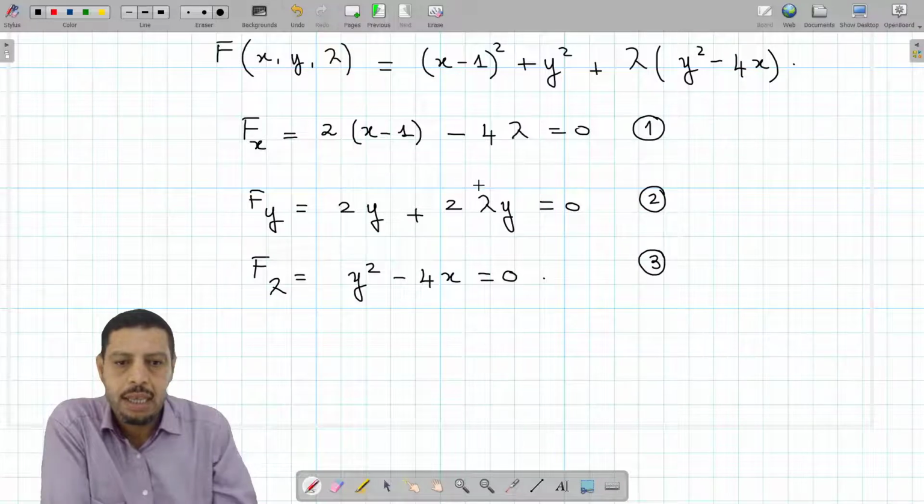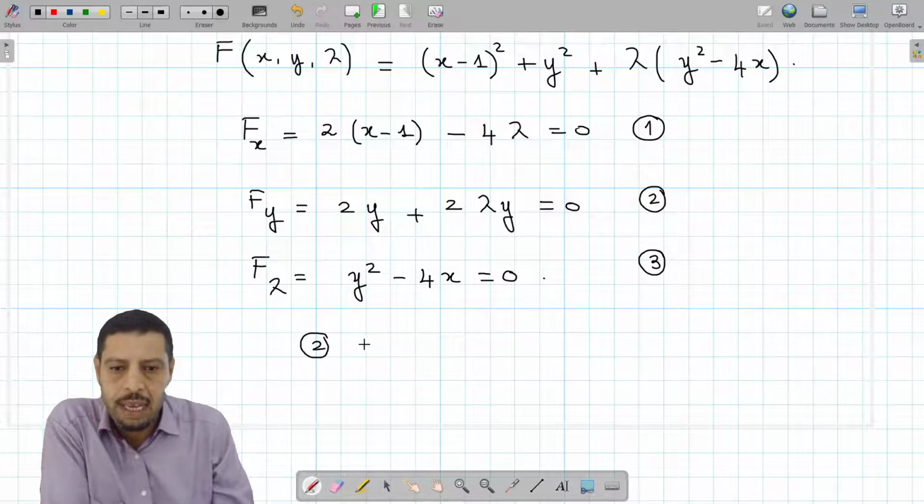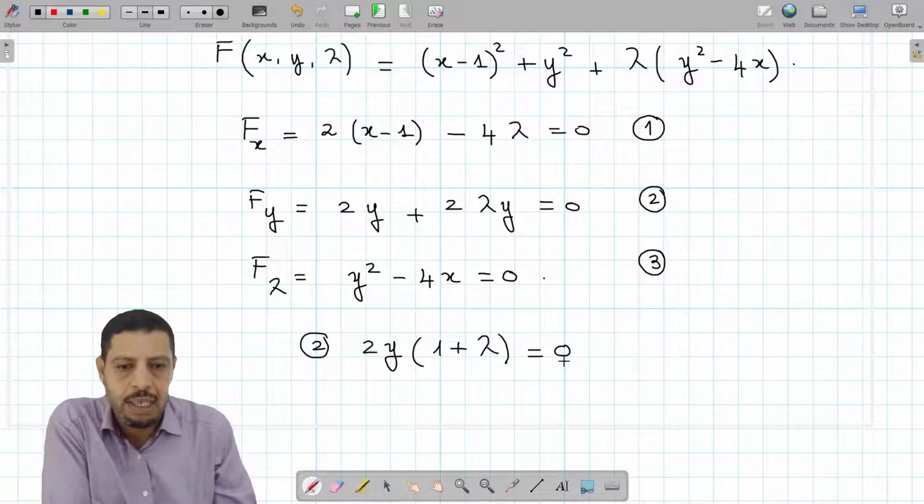And you can see in the second equation that we have a product lambda y. So it's not easy to get lambda as a function of y or y as a function of lambda, but we can do better. We can put 2y as a factor in the second equation. So let's write it as 2y times (1 plus lambda) equals 0. And here we have a product which is equal to 0.